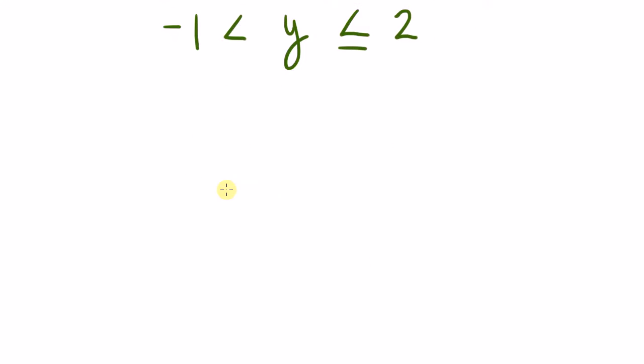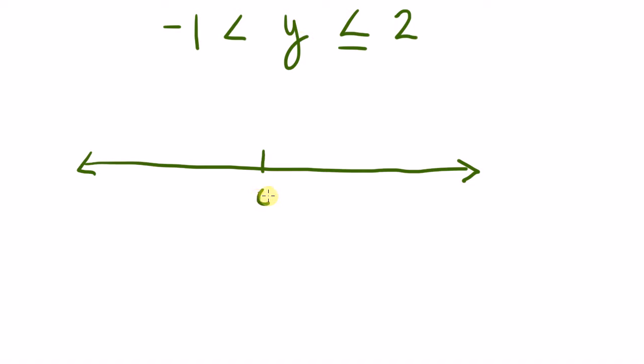Okay, so there we go. My solution set is this. Y has to be, there's no equal sign for -1, so I'm just going to draw a closed dot. And y has to be greater than -1.